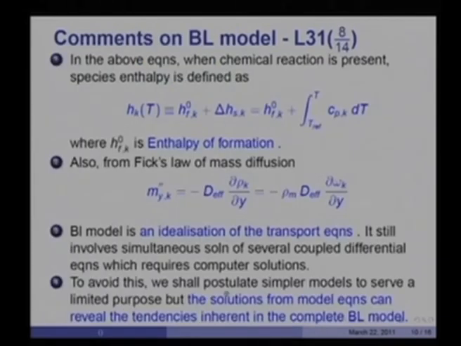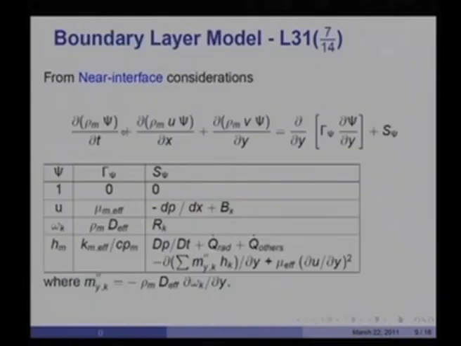So, the general comments on the boundary layer model. The only thing that requires a little further elaboration is the enthalpy H of the species K, you can see this is where the species K is involved.